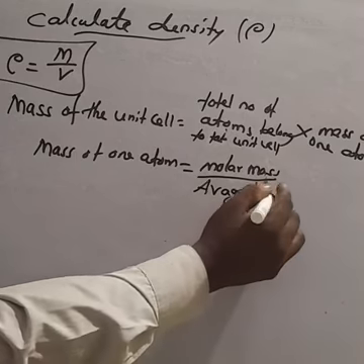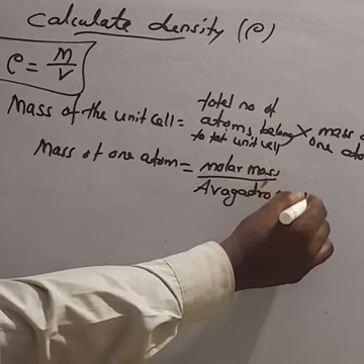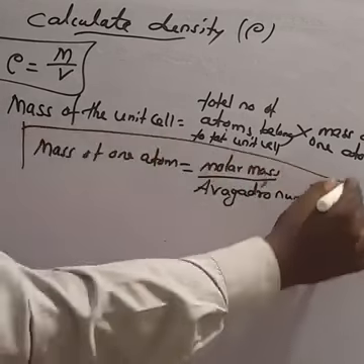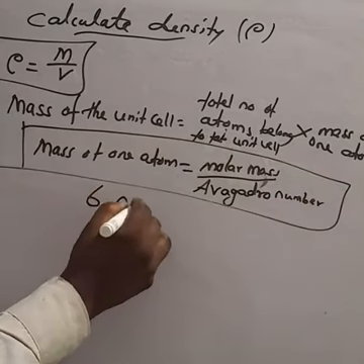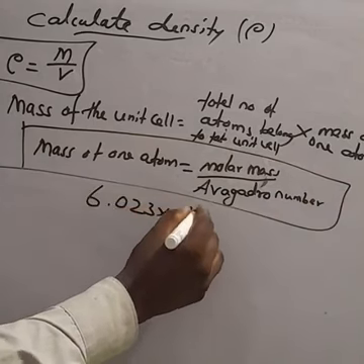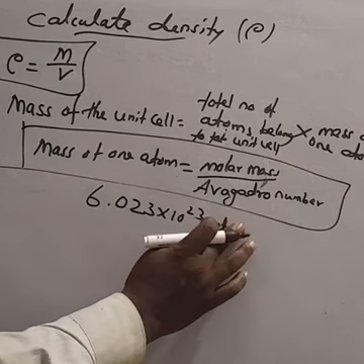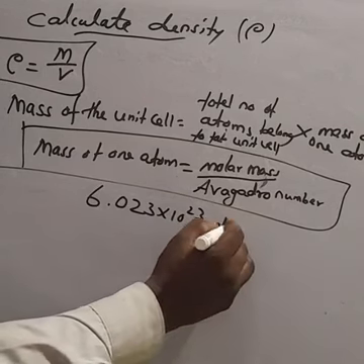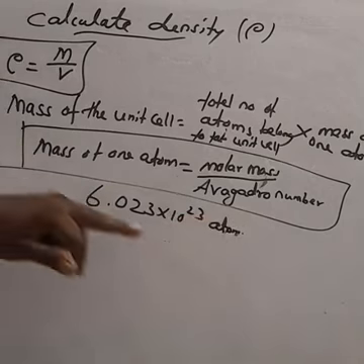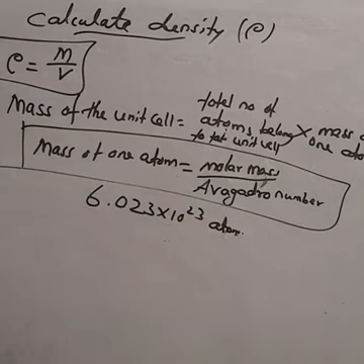What is the Avogadro number? 6.023 into 10 raised to 23 atoms.